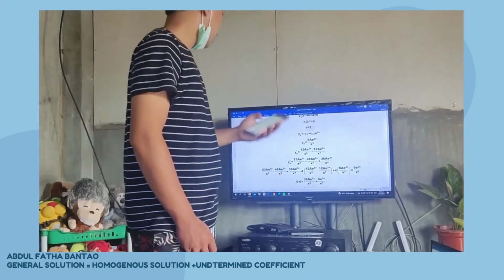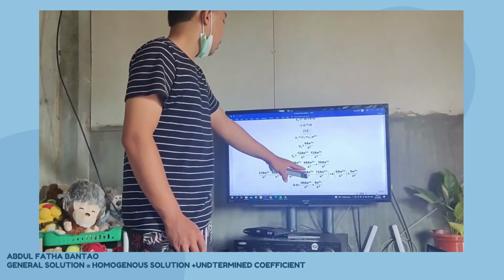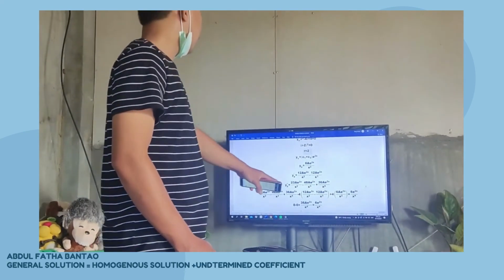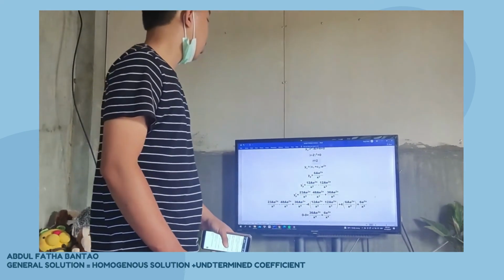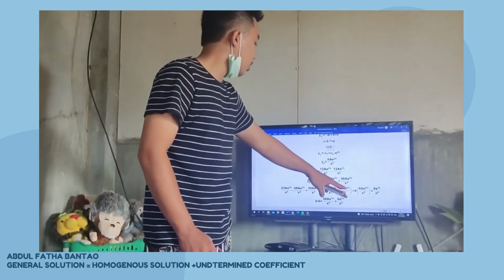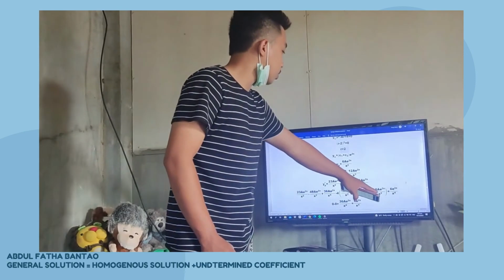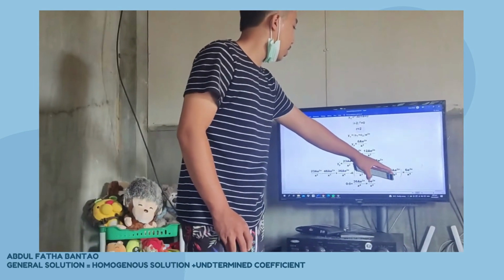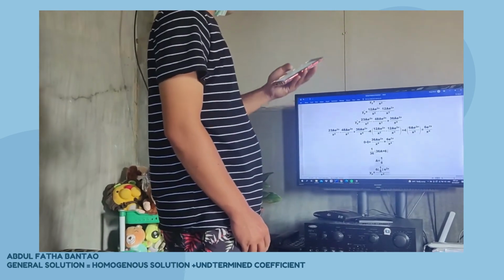Then we get 12e to the power of 2x all over x squared minus 12e to the power of 2x all over x cubed plus 4, equal to 6e to the power of 2x all over x to the 4th.